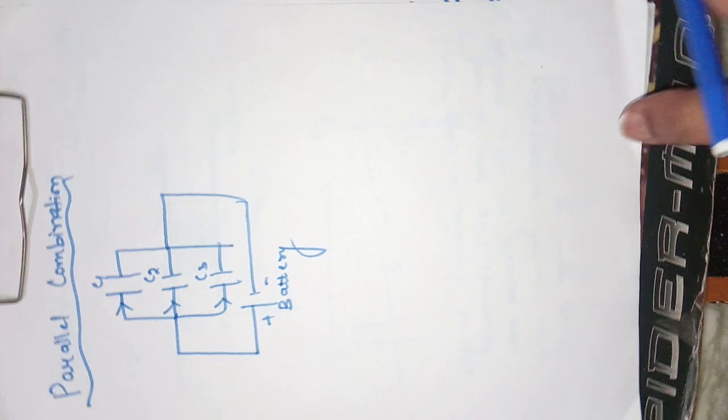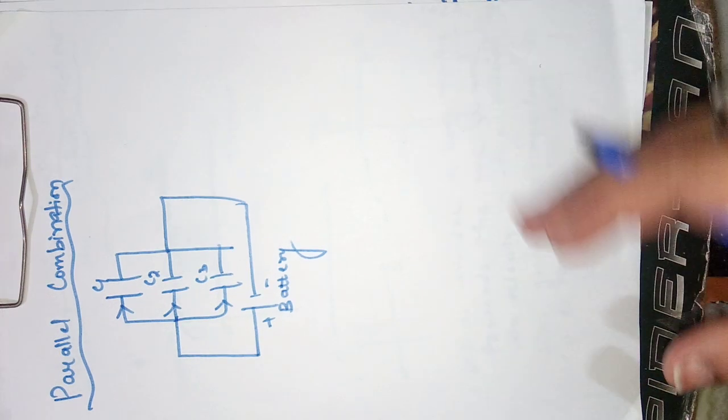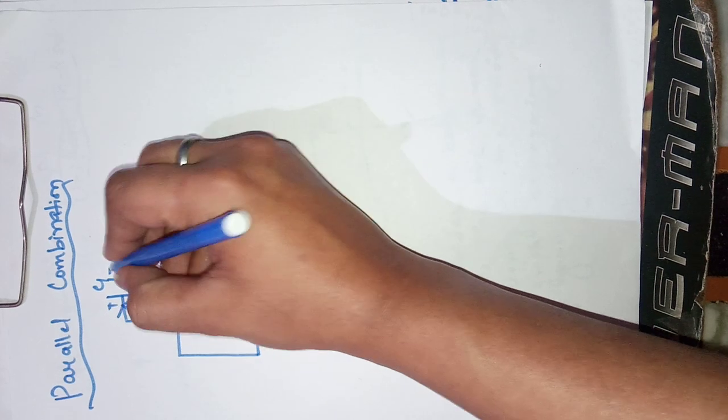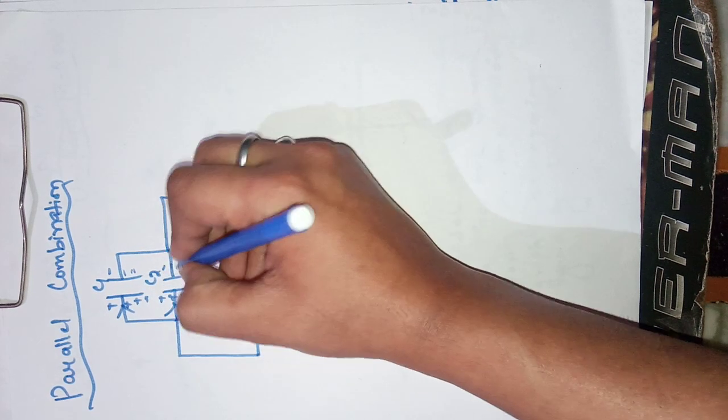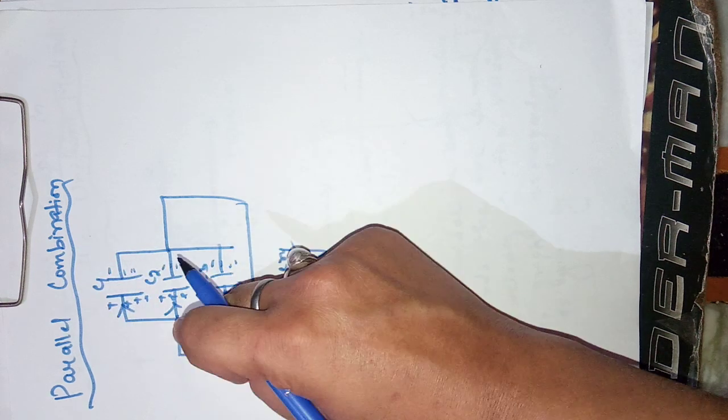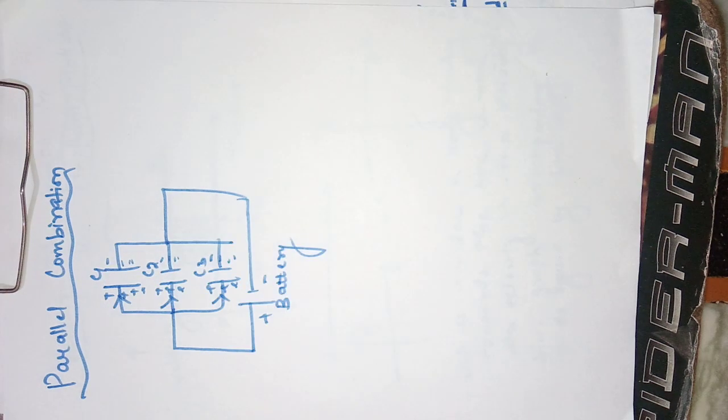Parallel combination is that combination in which, this is positive, this is negative, positive, negative, positive, negative, in which the positive plate of each capacitor is connected to the positive plate of another capacitor.